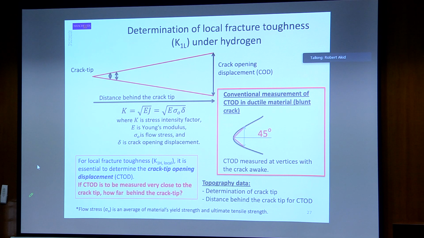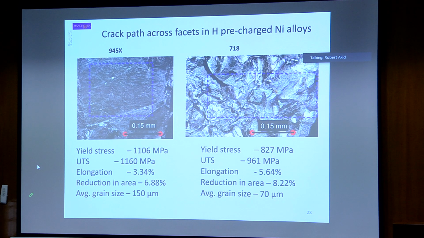So we're looking at a local fracture toughness, and we've done that as an example here for a 945X and a 718 nickel alloys, different yield strengths, somewhat different strengths in air, but when we look at the elongation in the environment, we find it's quite low.